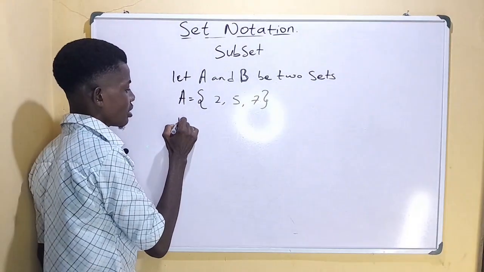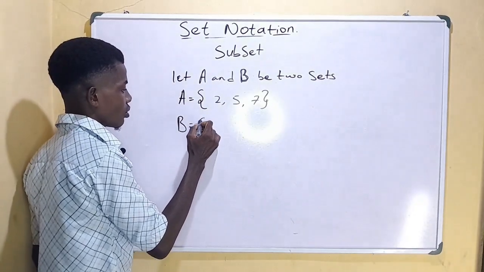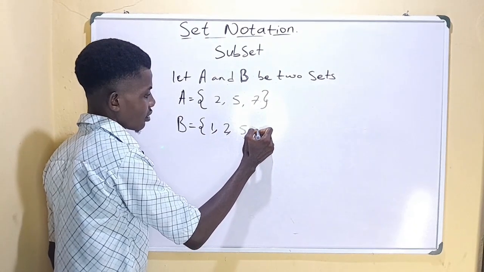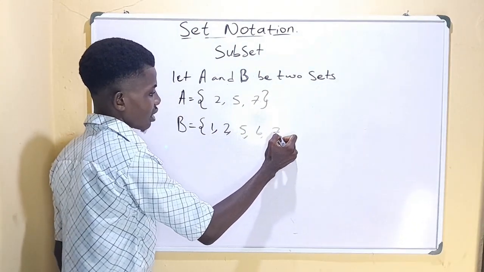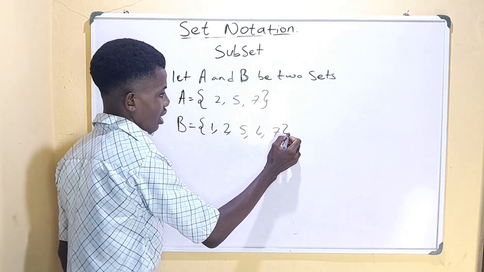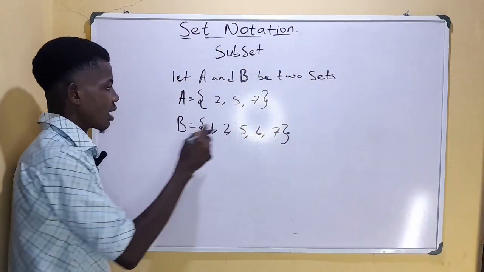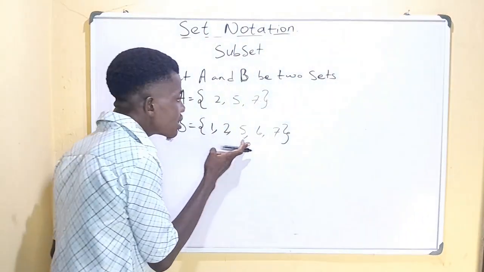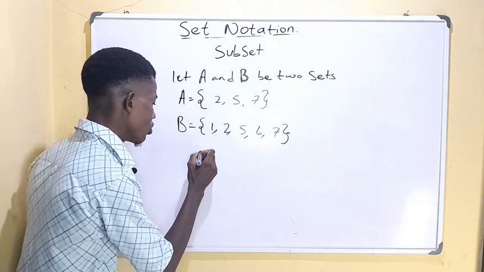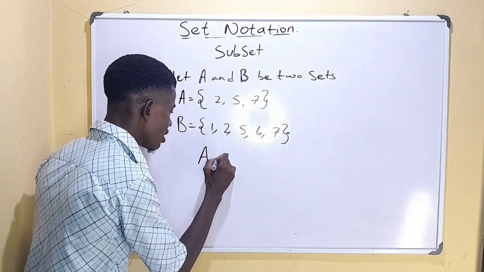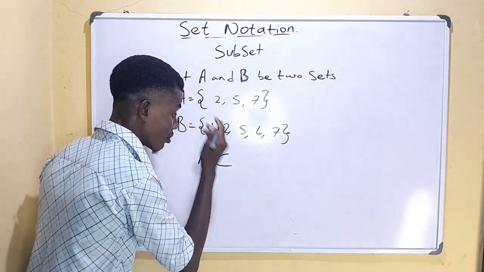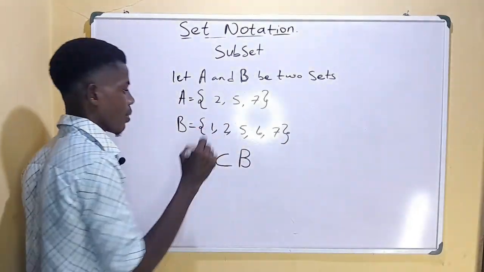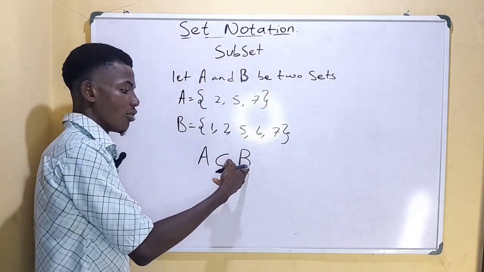Let's take B to be the set of 1, 2, 5, 6, 7. Now, you can see that all the elements in A are inside B. So we can say A is a subset of B.